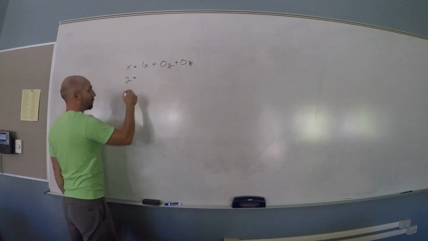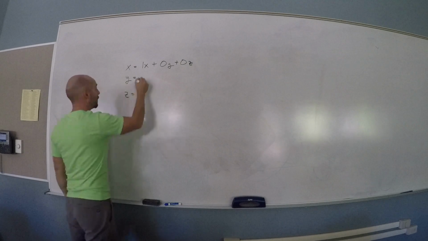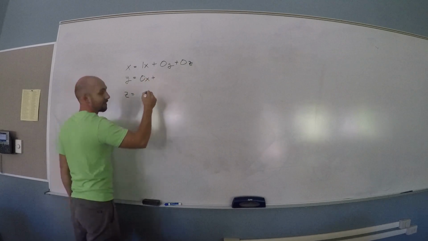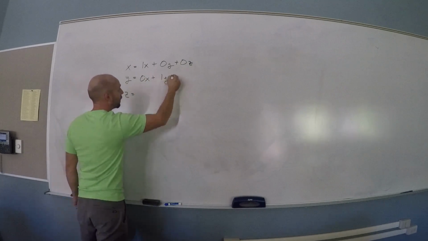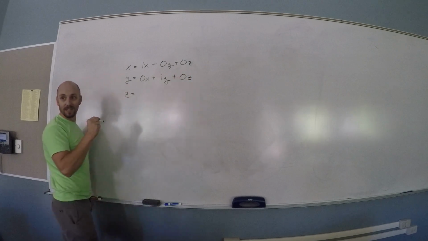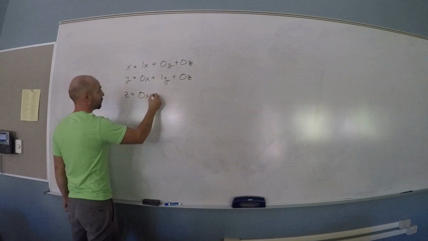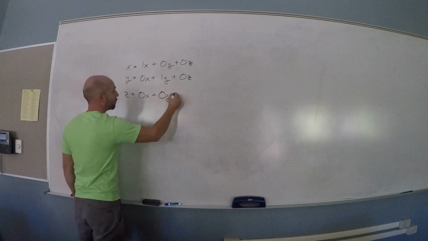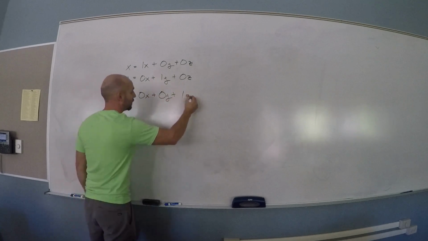And y is how many x's? 0 x's, and 1 y, and 0 z's. And z is 0 x plus 0 y plus 1 z.